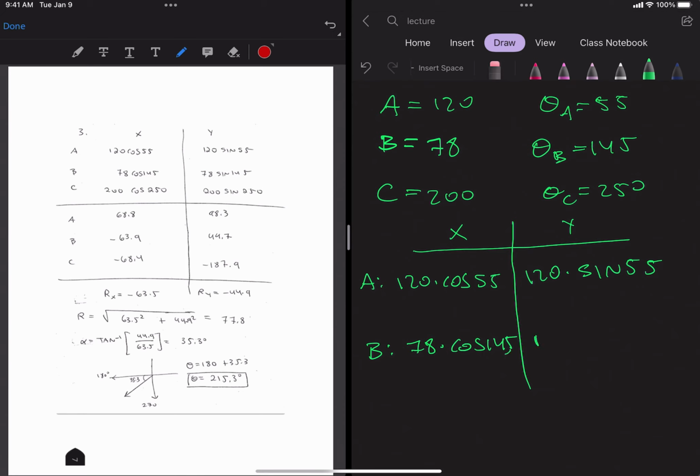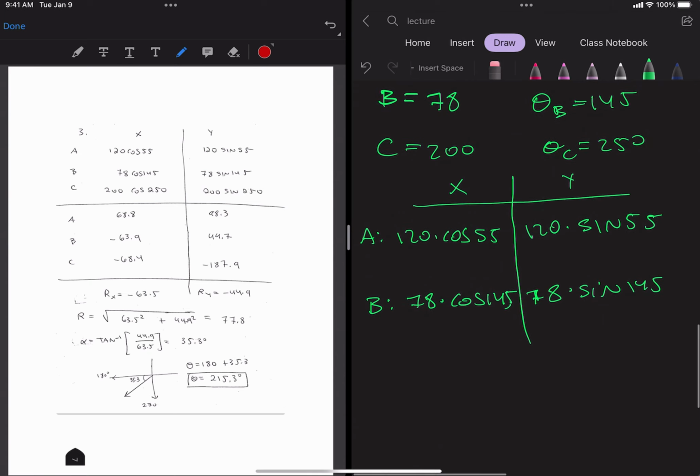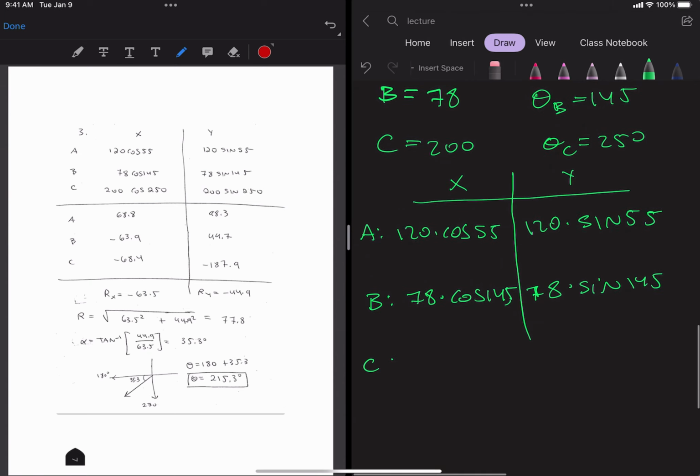Vector B's y component is going to be 78 multiplied by the sine of its angle, 145. And for vector C, the x component is 200 multiplied by the cosine of its angle, which is 245, and the y component for vector C is going to be 200 multiplied by the sine of 245.